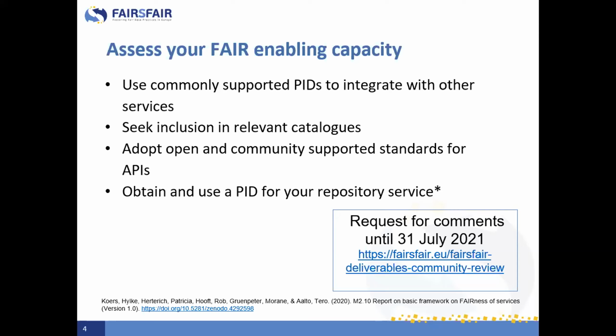You can indicate this data set is linked to this paper, or this paper is underpinned by the data set here. And I think that's one of the things repository services have to think about, is how you can start to capture the PIDs and how you can make those relationships a bit more explicit.